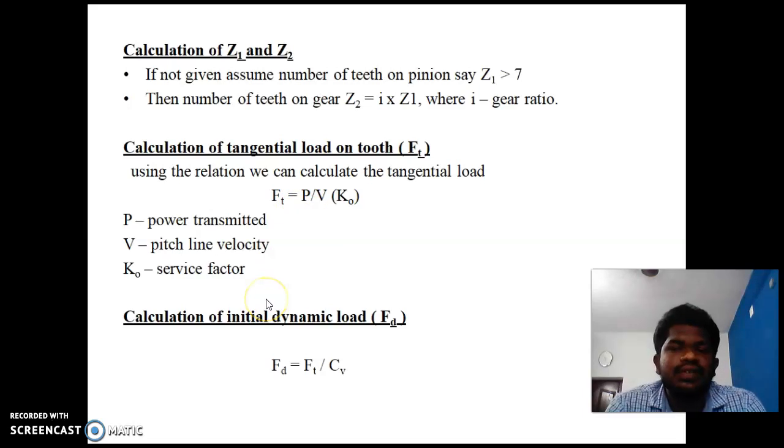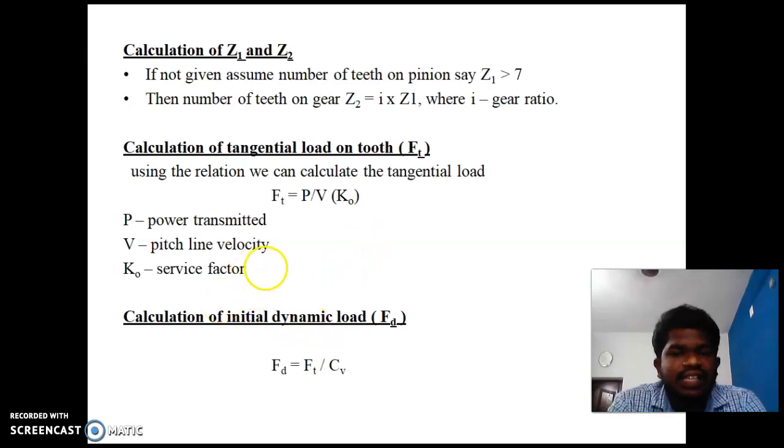The next step is calculation of initial dynamic load. The dynamic load formula is Fd equal to Ft by Cv. Here Ft is the tangential load. In the previous step we calculated the Ft value. Here Cv is the velocity factor.